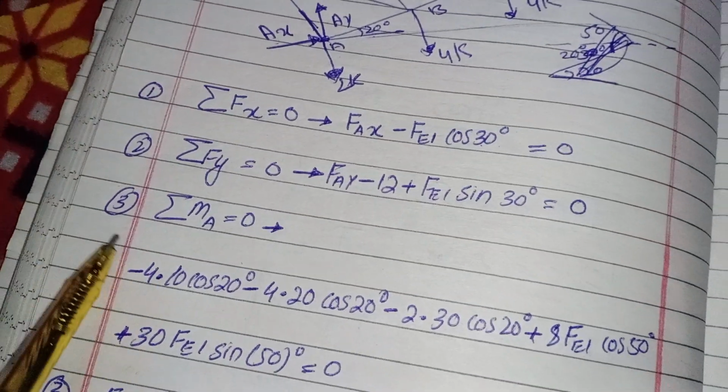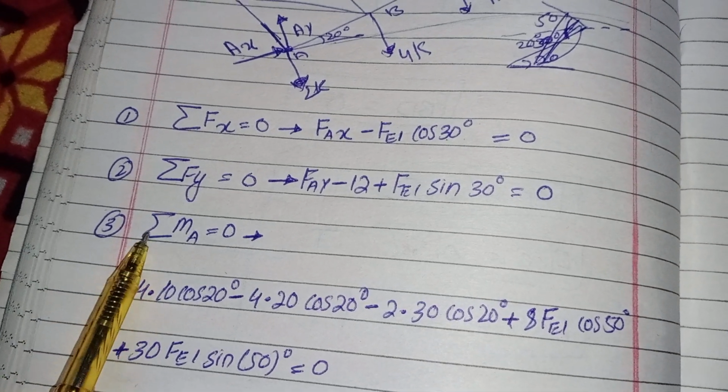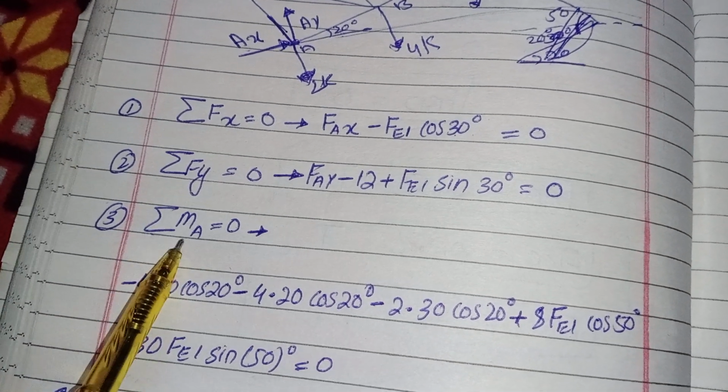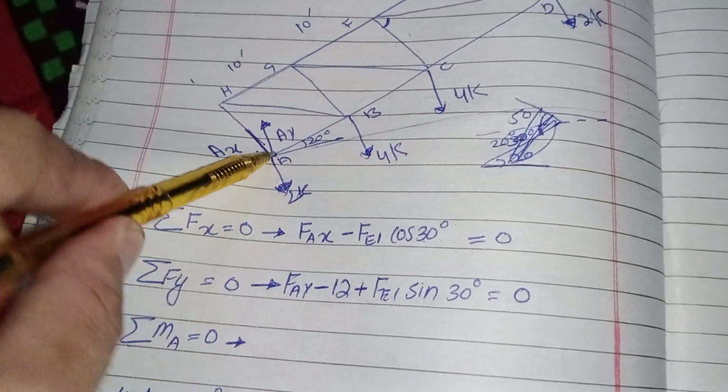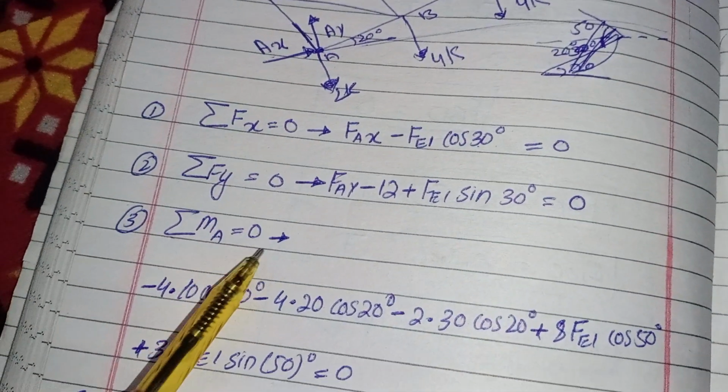Now the third equilibrium equation is the summation of all moments about point A equal to 0.